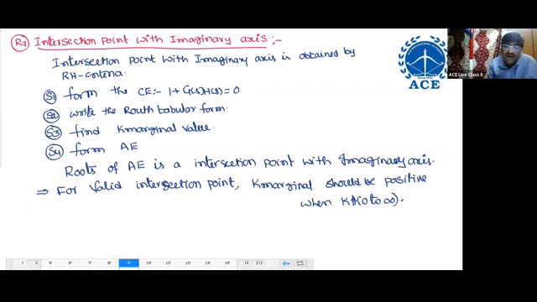Note down one problem. RH criteria we already know. So solve one problem: find the intersection point with imaginary axis.